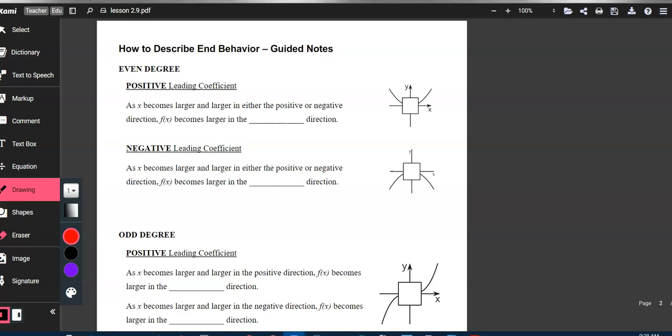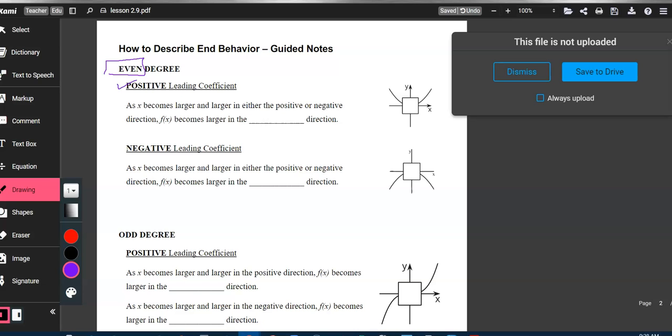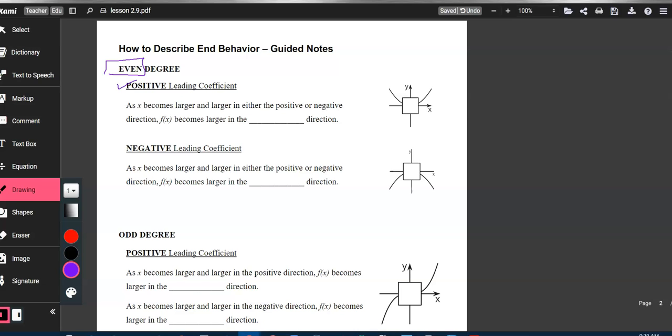And here you see an even degree. If the leading coefficient is positive, then this is what happens. This is in a sentence.